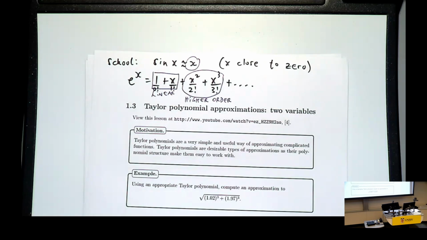All right, before we do anything, let's actually stand back and think about what this is approximately equal to. Okay? So it's the square root of 1.02 cubed plus 1.97 cubed. What is that almost? 3. Exactly, right? Because the first term is about 1. The second term is about 8.